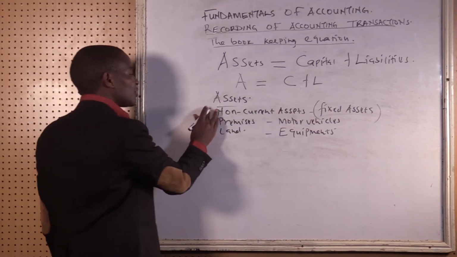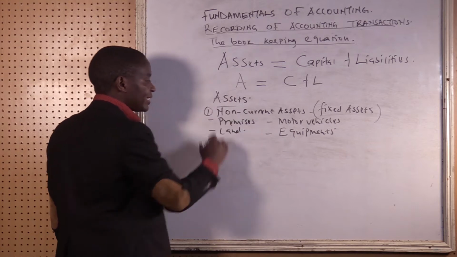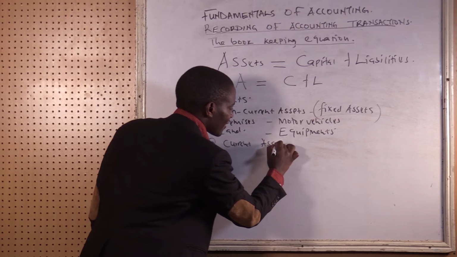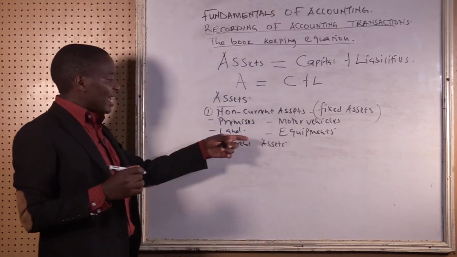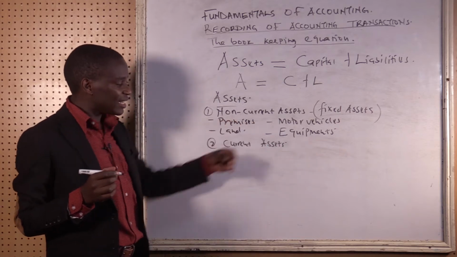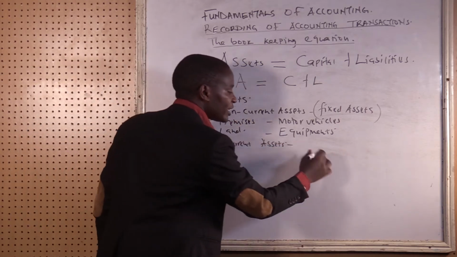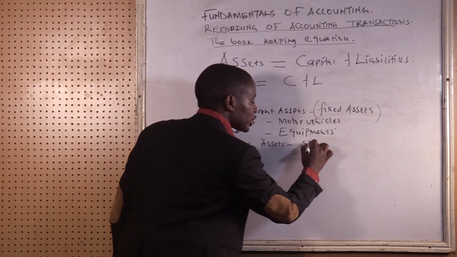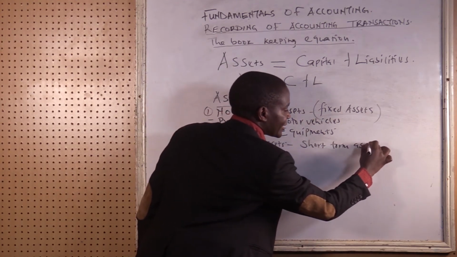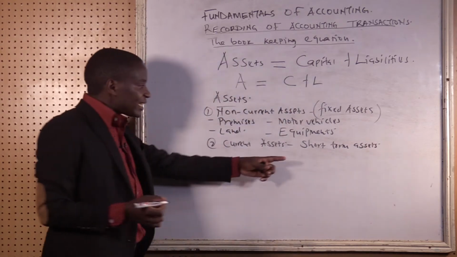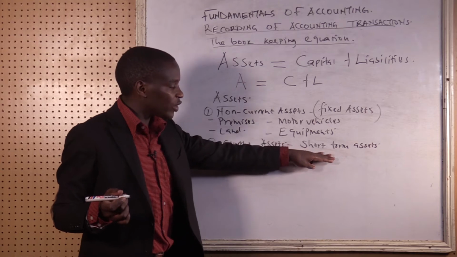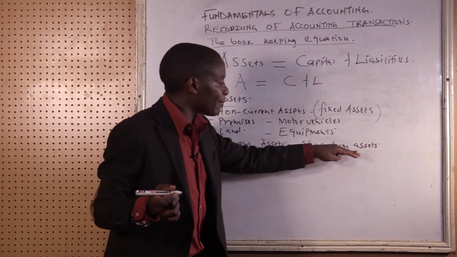Then the second classification is current assets. In your former accounting class or business studies class, you used to refer to them as short-term assets.